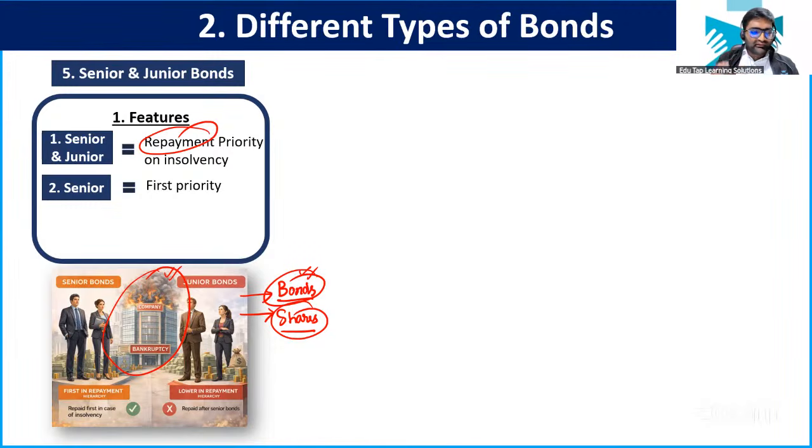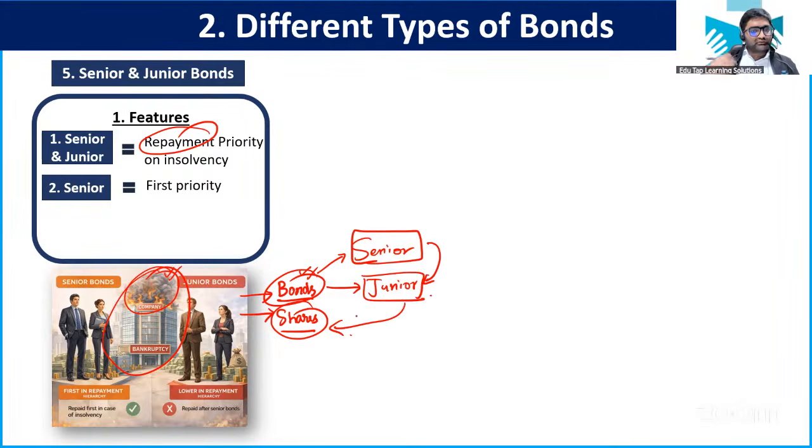As a company, you can see it's on fire. If it is bankrupt, the people who have bought the bonds will get the payment first. Now in bonds also there are many kinds, but basically we classify them into two: senior and junior bonds. The senior bondholders get the payment first, then the junior bondholders, and then whoever is holding the shares.